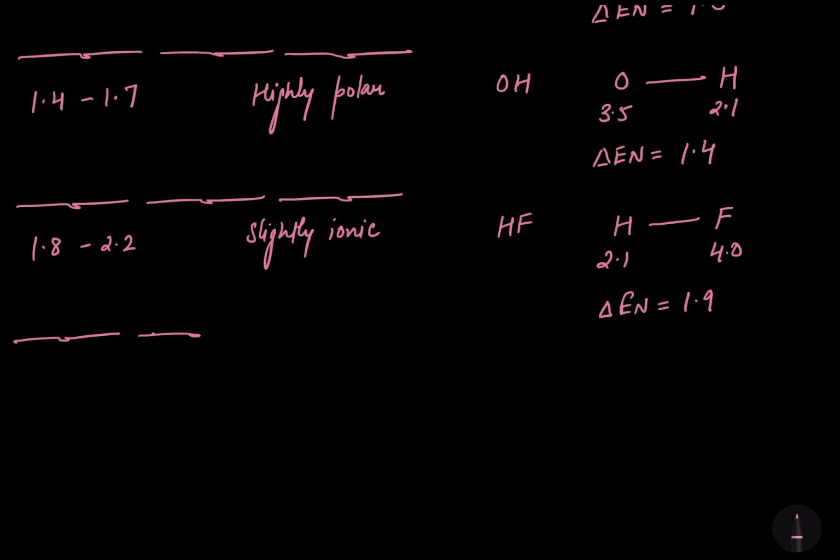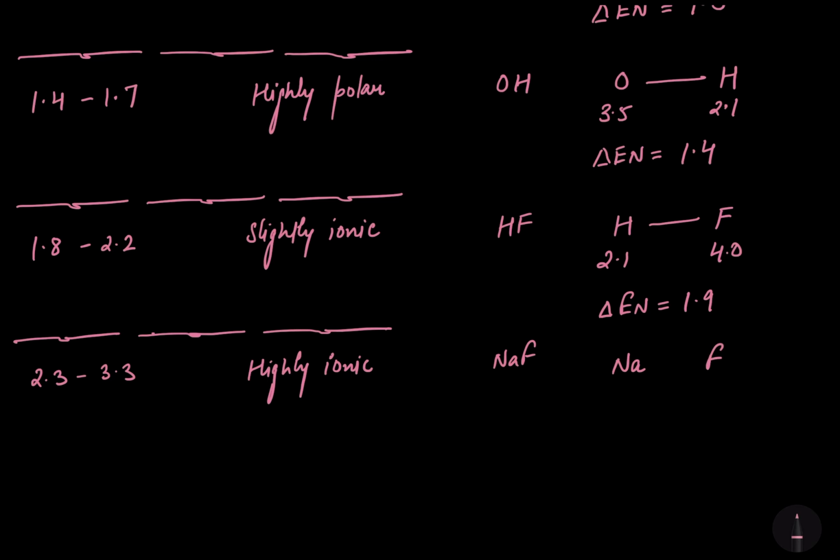And finally, let's talk about the last range, 2.3 to 3.3, and this bond will be highly ionic. So I'm talking about the ionic bond now. Let's take an example of sodium fluoride. That's bond between sodium and the fluorine.